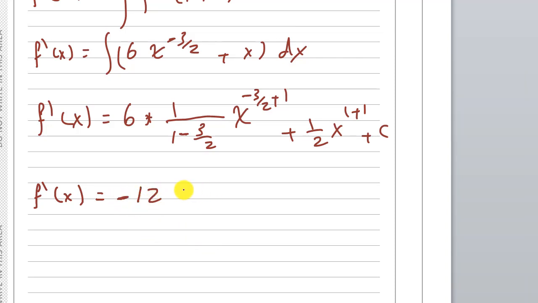Minus 12x to the power of half, because here 2 minus half. Plus half x squared plus c.